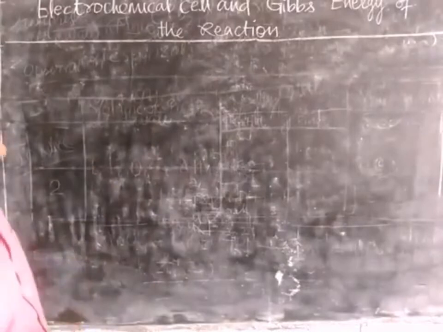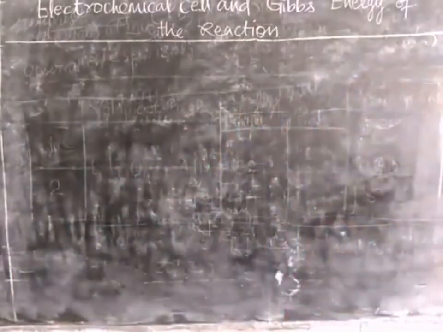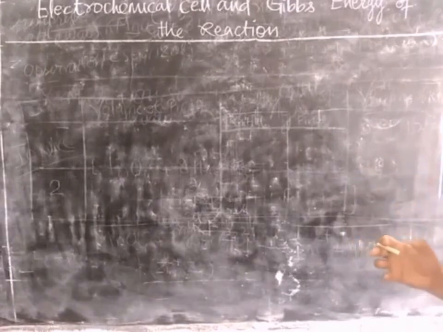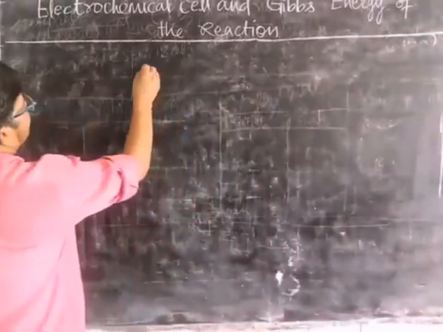Now let's see electrochemical cell and Gibbs energy of the reaction. What is the relation between these two? As you know, electrical work done in 1 second is equal to electrical potential multiplied by total charge passed. So this statement has to be first converted into an equation.